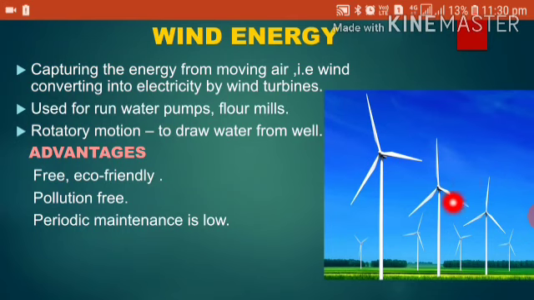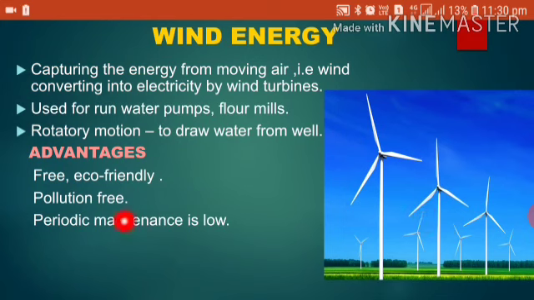Then it causes the rotation of the blades. During that rotational movement, the blades operate the generator and electricity is produced. The energy output from the windmills is combined together to get electricity on a commercial scale. So this is the windmill.